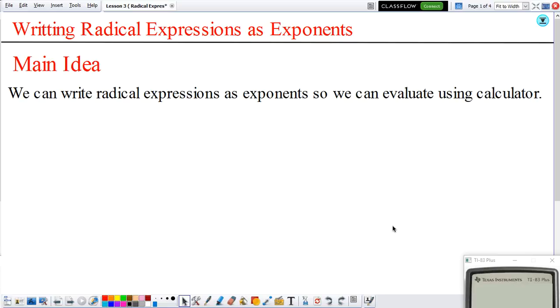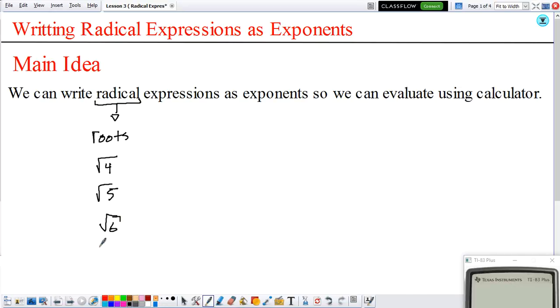Today, we will see how we write radical expressions as exponents. Today's lesson is going to be how you can rewrite square roots, because radical is another way to just call roots, where you're familiar with the square roots, like the square root of 4, square root of 5, the square root of 6.